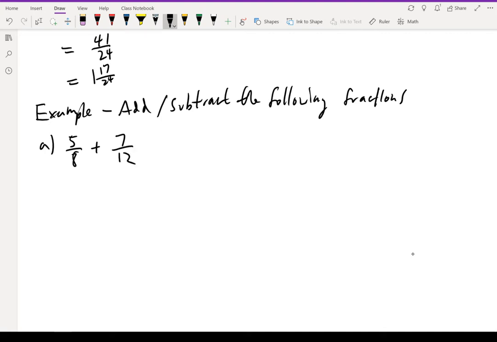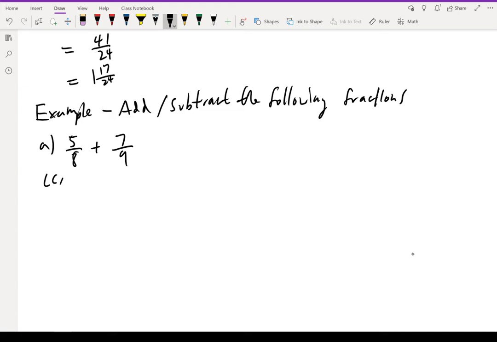Okay, we have 5 over 8 and 7 over 12. Let's change it. No, not 12, that's too easy. Let's change it to 9. Let's just do 9, so 7 over 9. And so we have to find the LCM of 8 and 9.